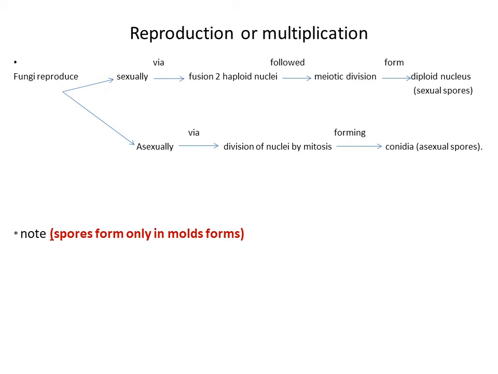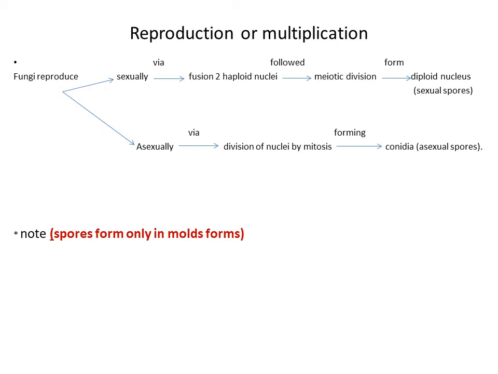In both sexual and asexual reproduction, fungi produce spores that disperse from the parent organisms by either floating on the wind or hitching a ride on an animal. Note: spores form only in mold forms.